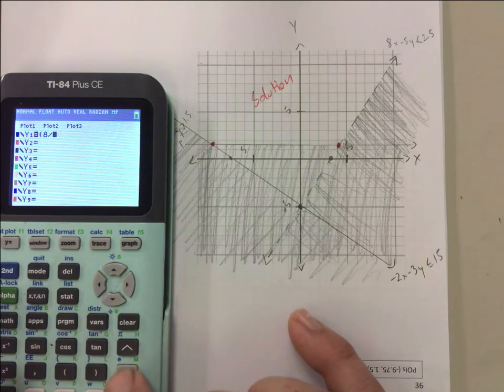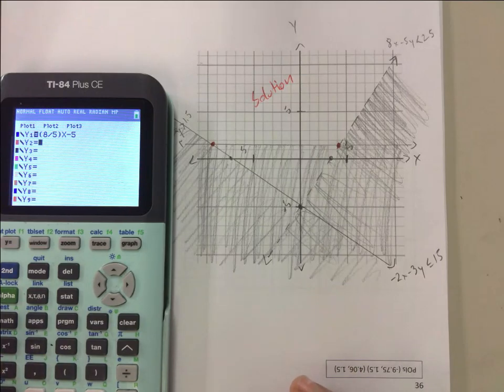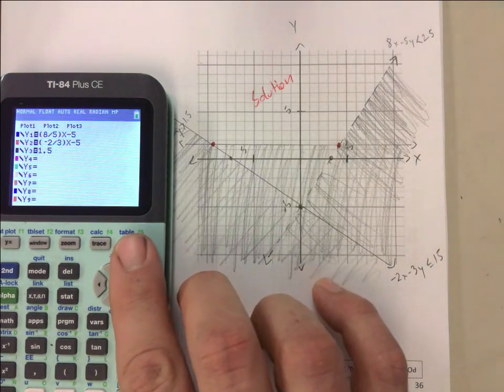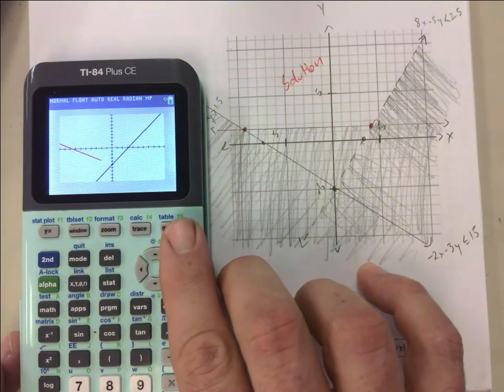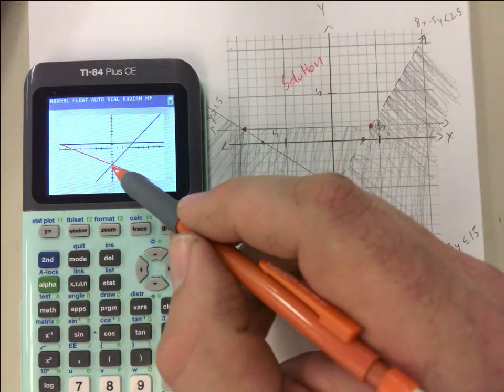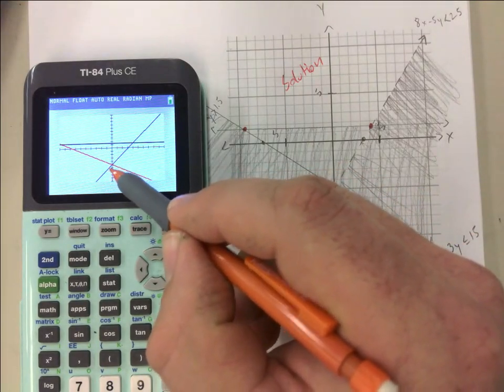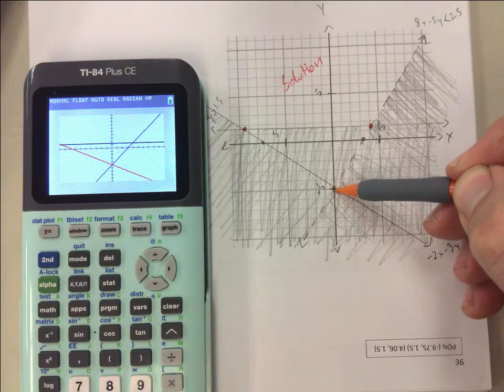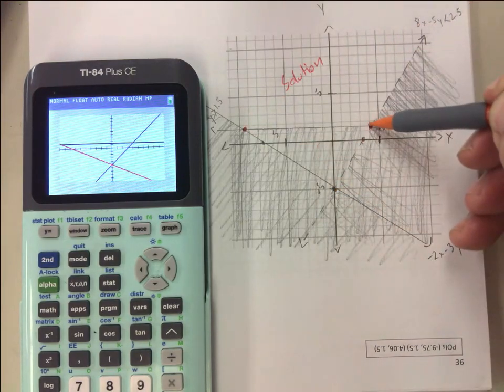Watch what I do here. 8 over 5x minus 5. Negative 2 over 3x minus 5. And 1.5 or 3 over 2. If you look up here real quick, I don't care about this one. This one is not surrounding my solution region.